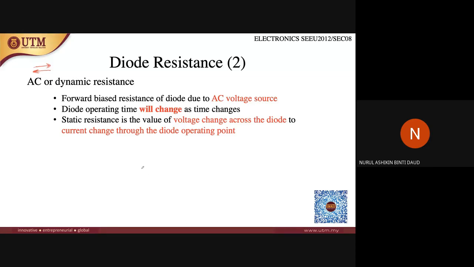The diode operating point will change as time changes. This is not static resistance, sorry, dynamic. Dynamic resistance is the value of voltage change across the diode.